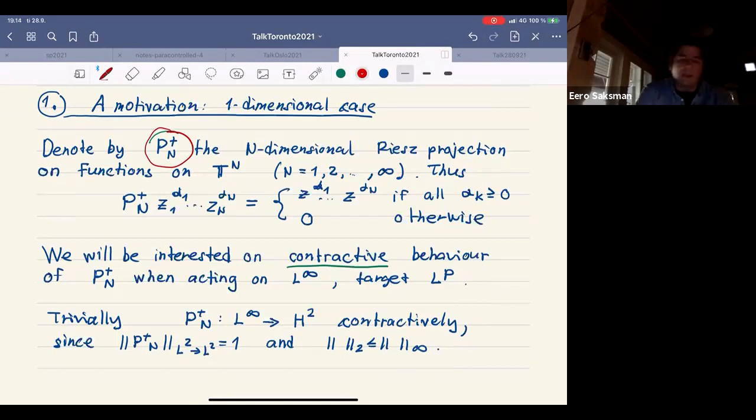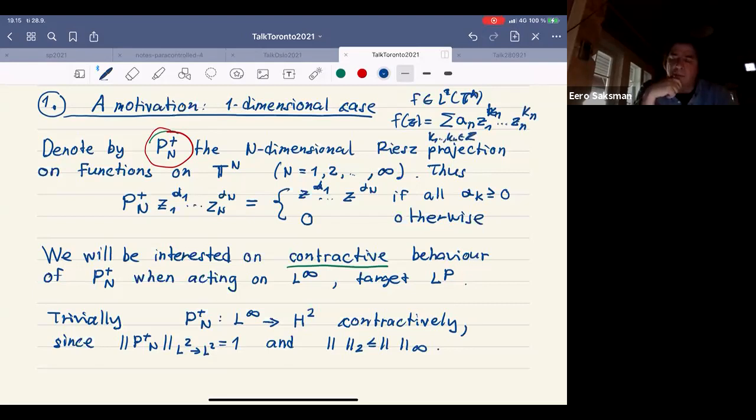Now you can write any function in L^2 of T^n as the sum over k_1, ..., k_n of coefficients times z_1^{k_1} up to z_n^{k_n}, where k_1 to k_n belong to Z. So it is an n-fold sum over all integers, and the negative powers are well defined because you are on the boundary.